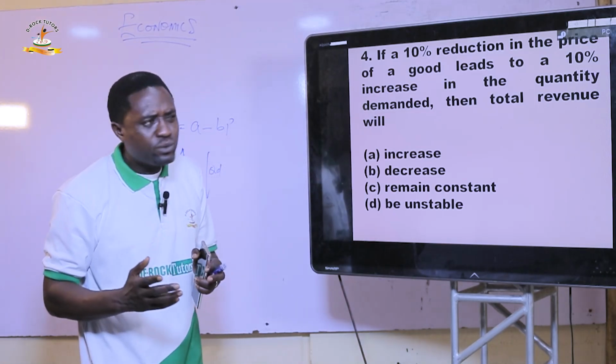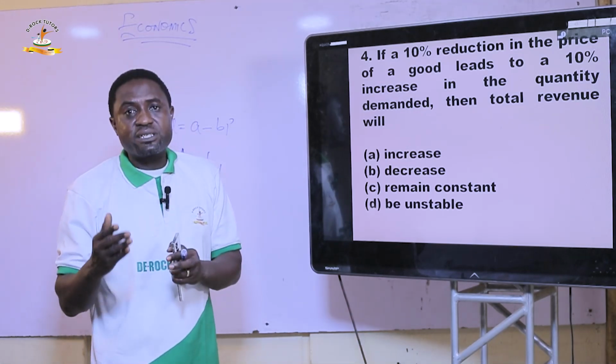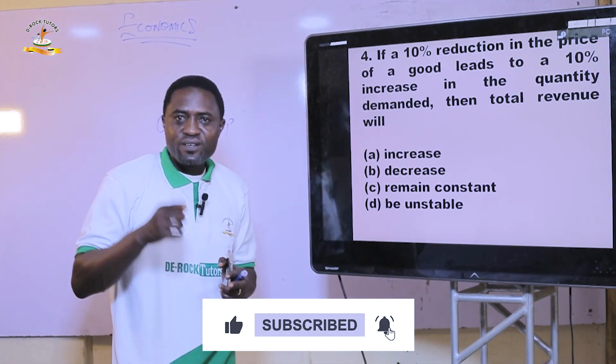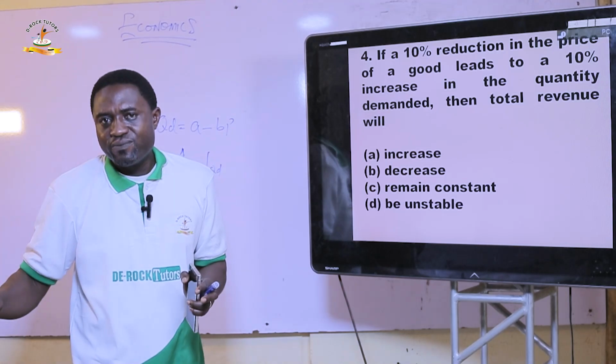Now, total revenue can be calculated by multiplying price and quantity. So price times quantity will give you what? Your total revenue.